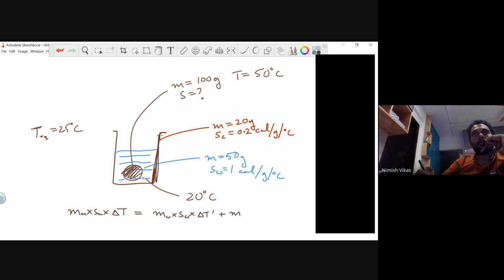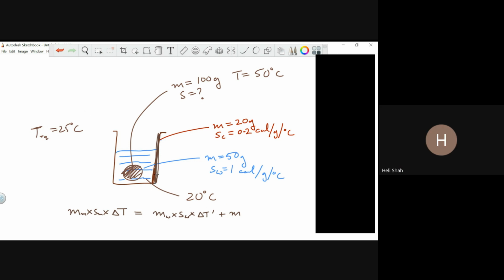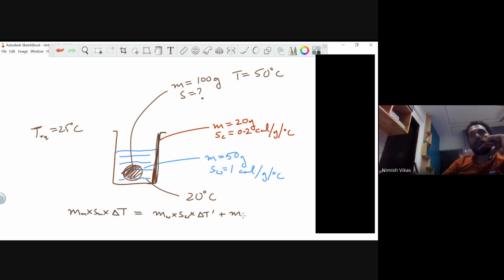The container will also gain the heat, since it is water in the container. So mass of the copper, S of the copper, and delta T of the copper. The delta T of the copper and of the water will be always the same because copper is quite conducting and is always at the same temperature as the water. Is that clear?